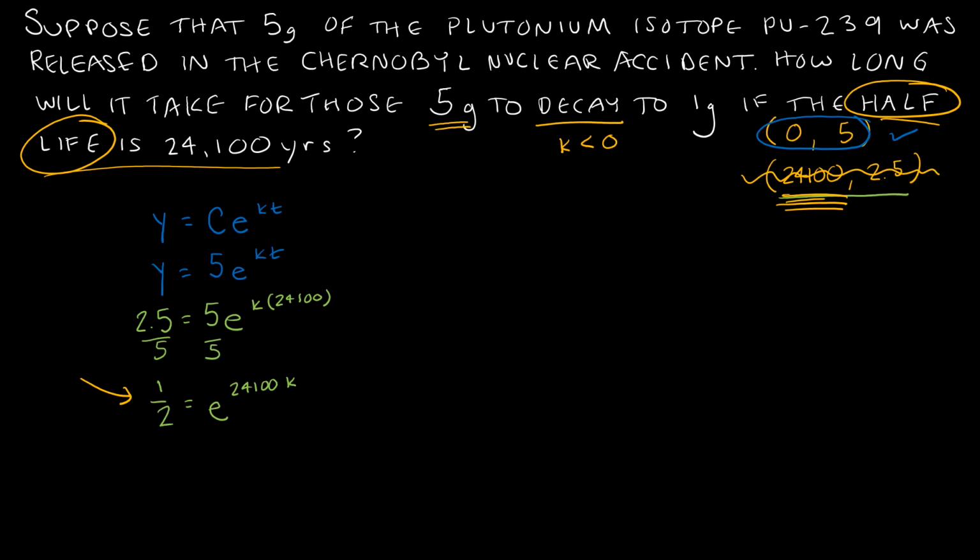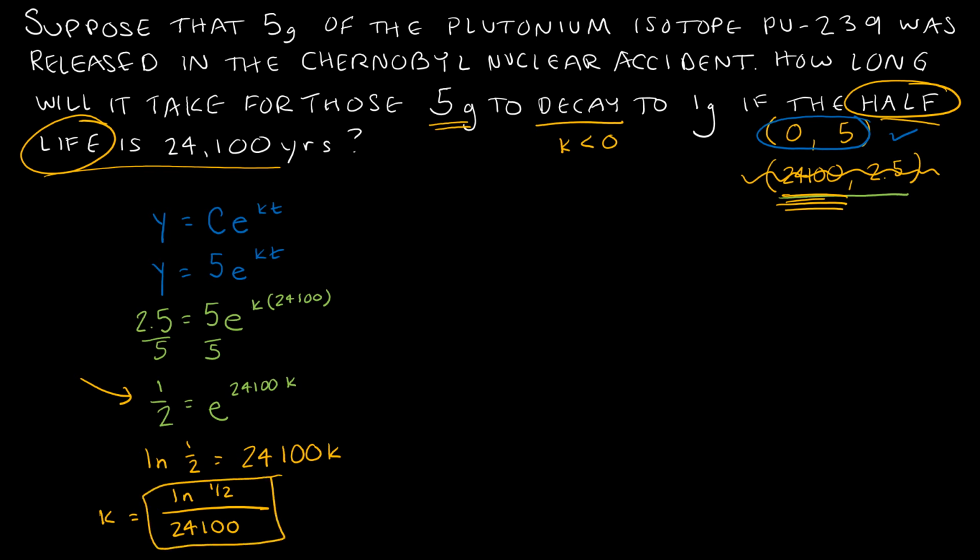So I'm going to take the natural log of each side, and the natural log of this side is going to give me 24,100k, and then that's going to give me k is equal to the natural log of 1/2 divided by 24,100. Now on this one, I'm going to choose to leave the exact value of k rather than doing any simplification. So far, here's where I am.